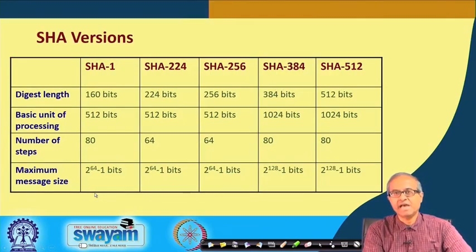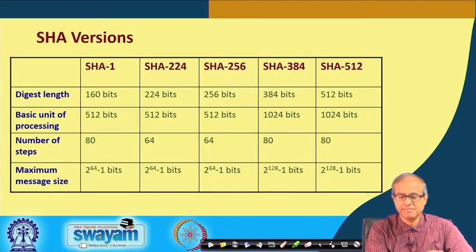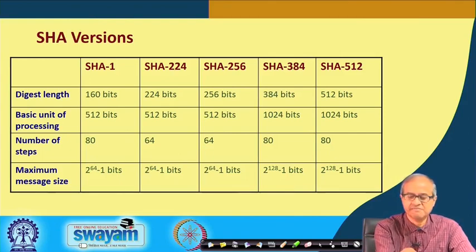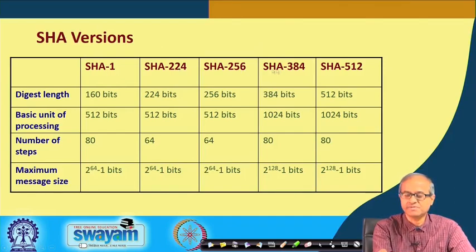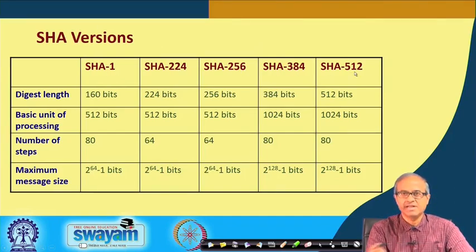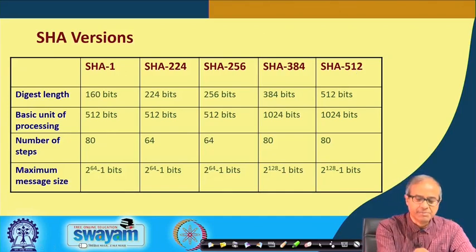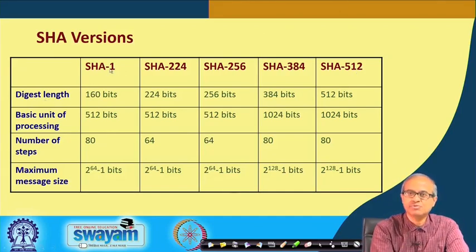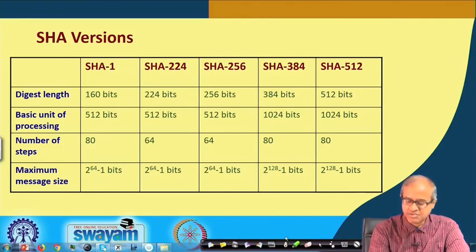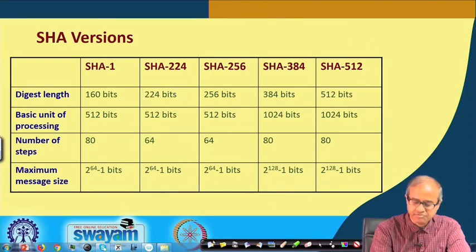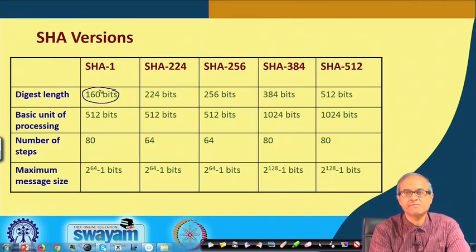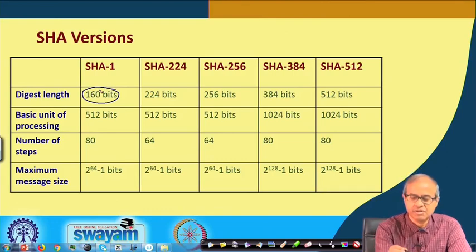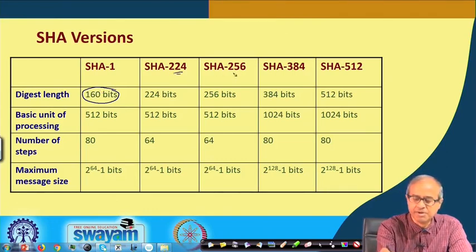Now, talking about the different hash versions of SHA, in this table I have just summarized 5 different versions. There are other versions also in between: 1, 224, 256, 384 and 512. They are distinguished primarily by the digest length. SHA1 is the most basic version. It uses 160 bits of hash value, but for the other ones, this number indicates the size of the hash.